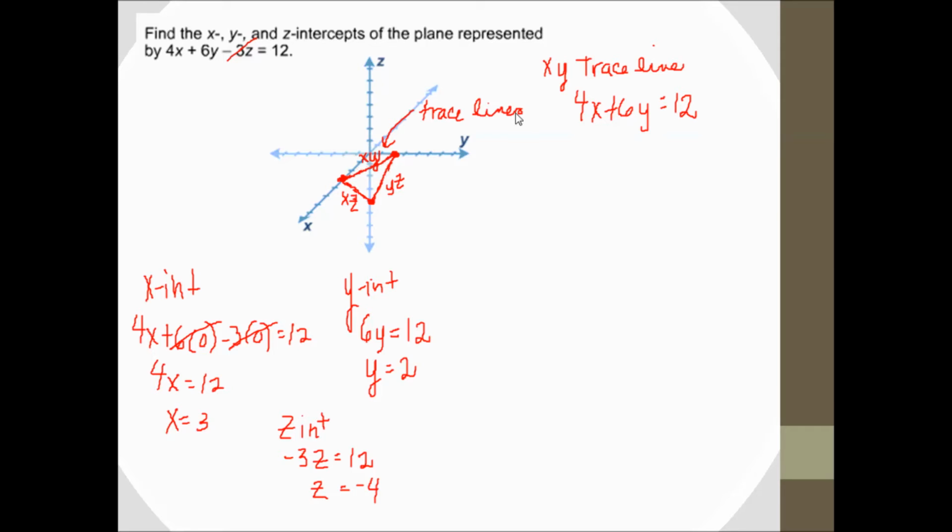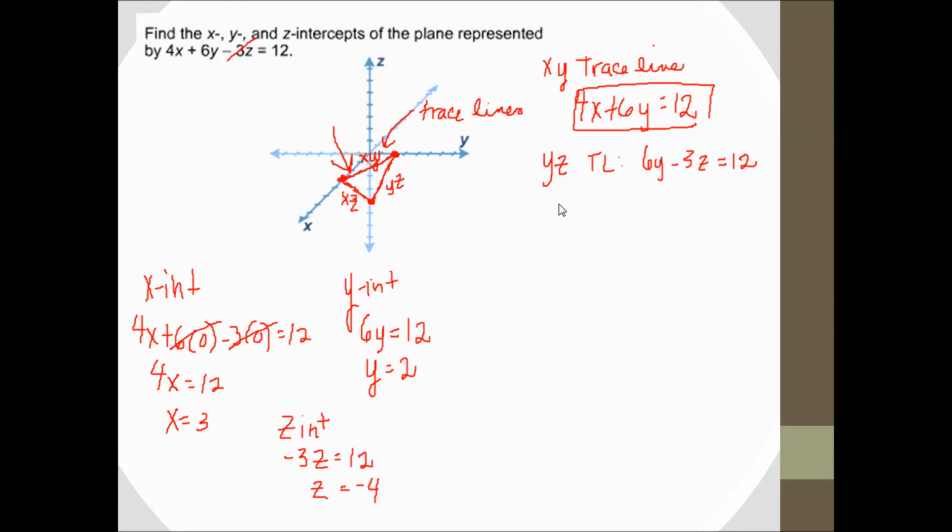The reason being is because z is equal to 0. So if I do 3 times 0, that's 0. So that's why it's actually eliminated. So if I were to graph 4x plus 6y equals 12, I would get this XY trace line. Then the YZ trace line would be eliminating the x variable, so that is just 6y minus 3z equals 12.